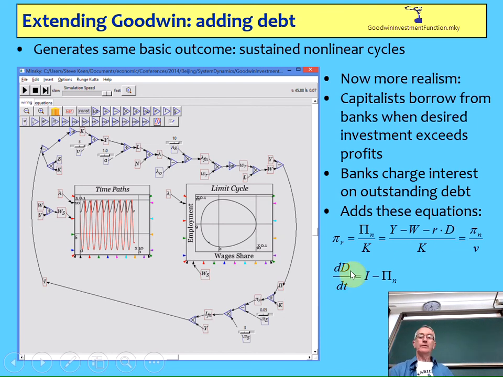And the rate of change of debt is investment minus net profits. And of course the net profit includes paying interest on the debt bill, so that's where the interest rate turns up. So I added the parameter value that happens to have a rate of interest of 5%. And let's take a look at it.